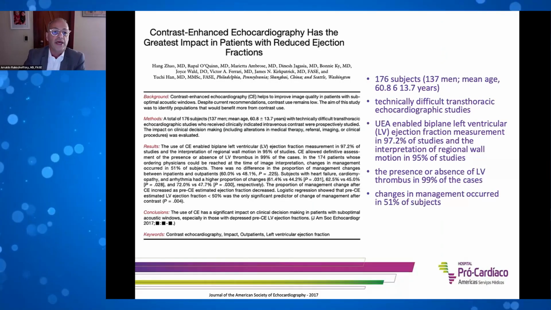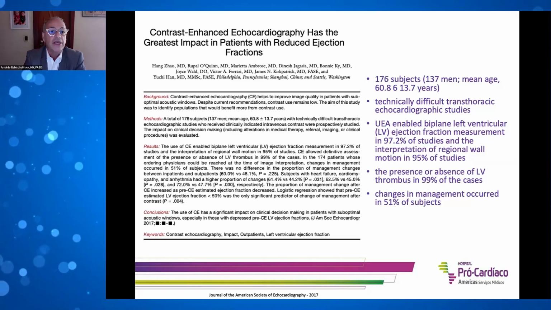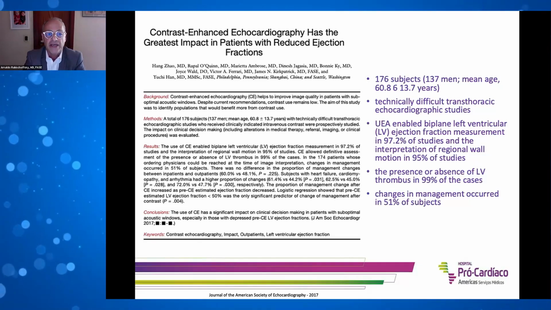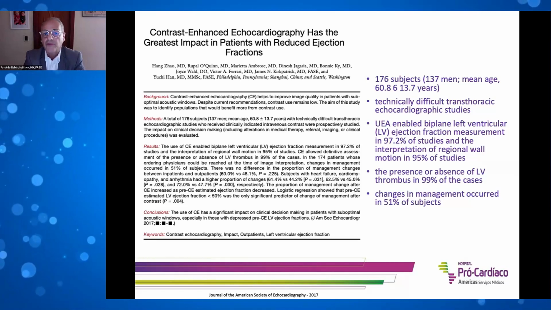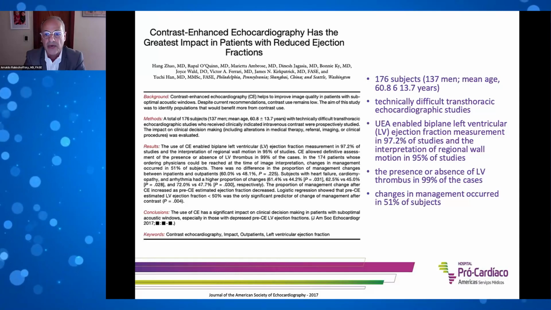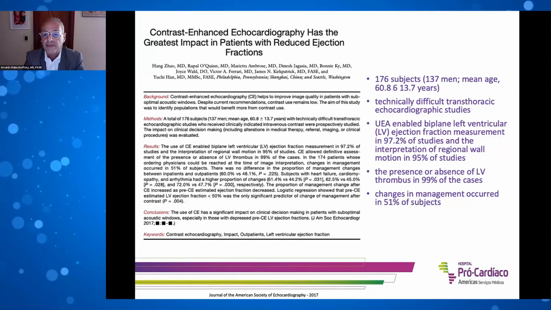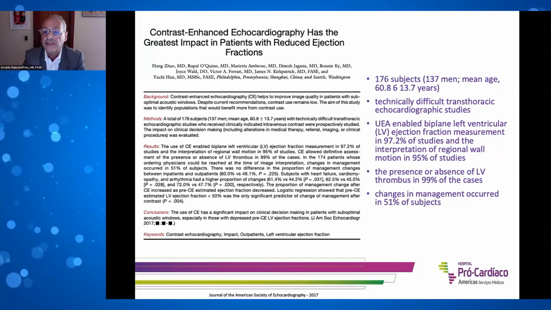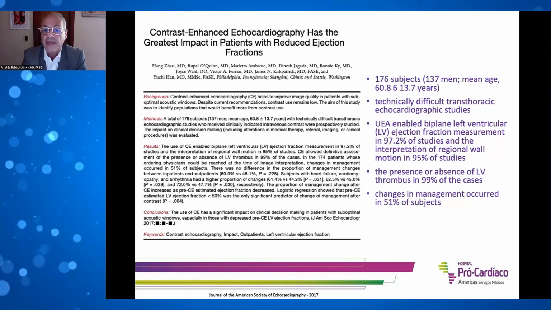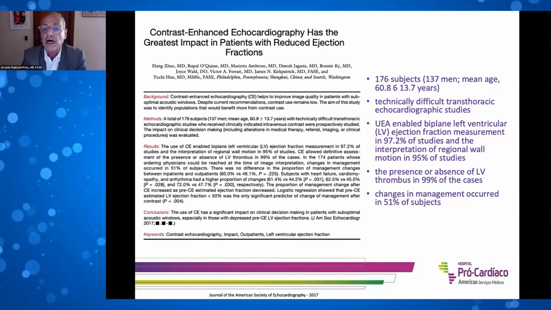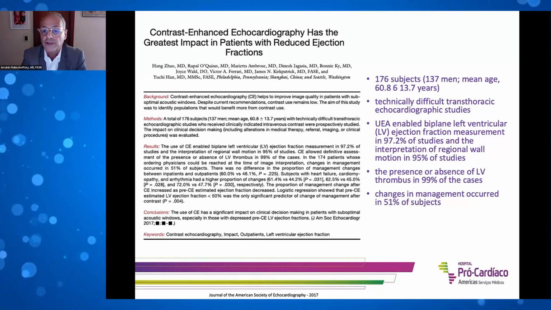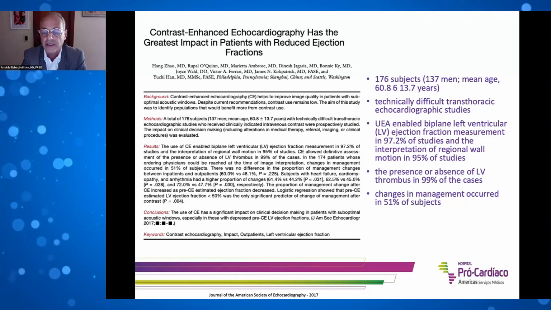The contrast enhancing agent has a great impact in patients with reduced ejection fraction. This paper was published in 2017, in 176 patients, 137 men, with a mean age of 60 years, with technically difficult transthoracic echocardiographic studies.